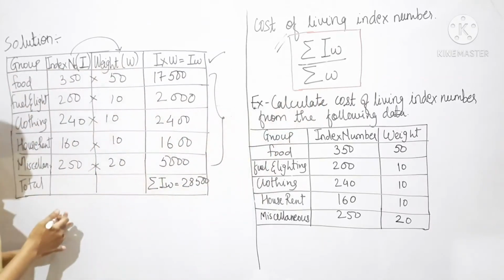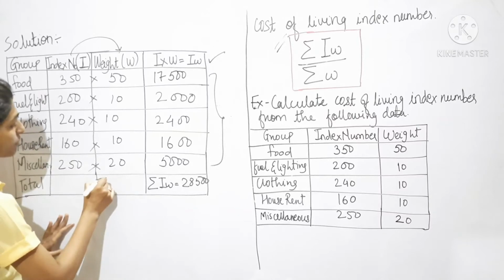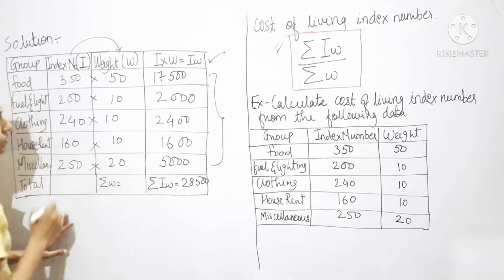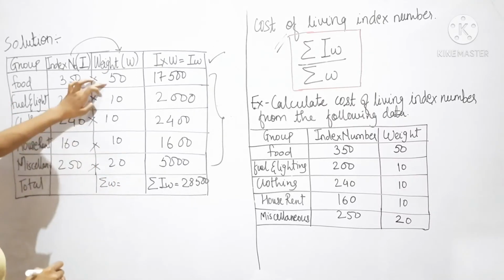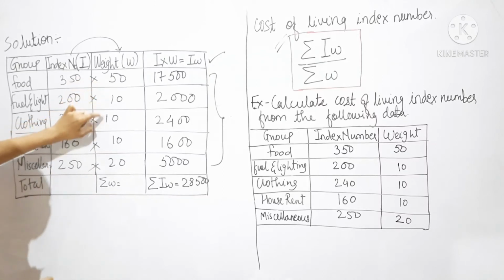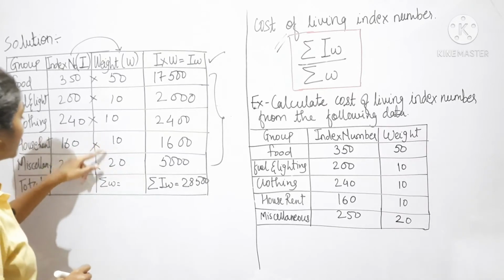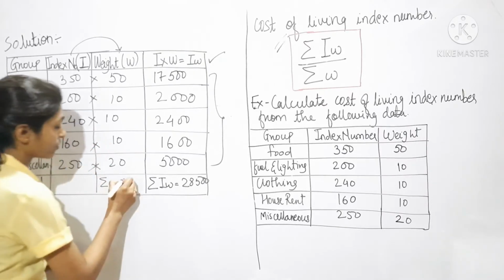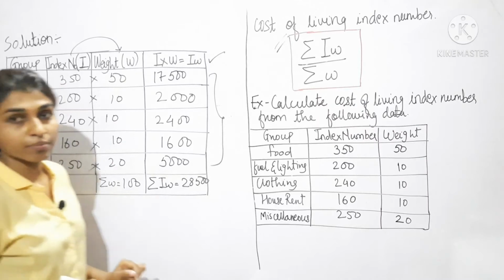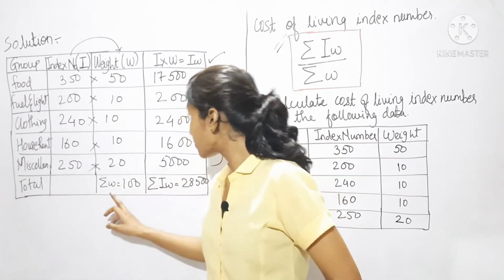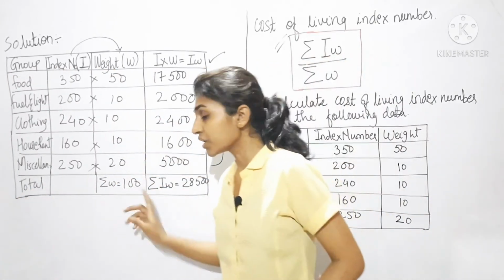And next is sigma W. Sigma W means the total of weight. So 50 plus 10 is 60, 60 plus 10 is 70, 70 plus 10 is 80, 80 plus 20 is 100. So the total of weight is 100.